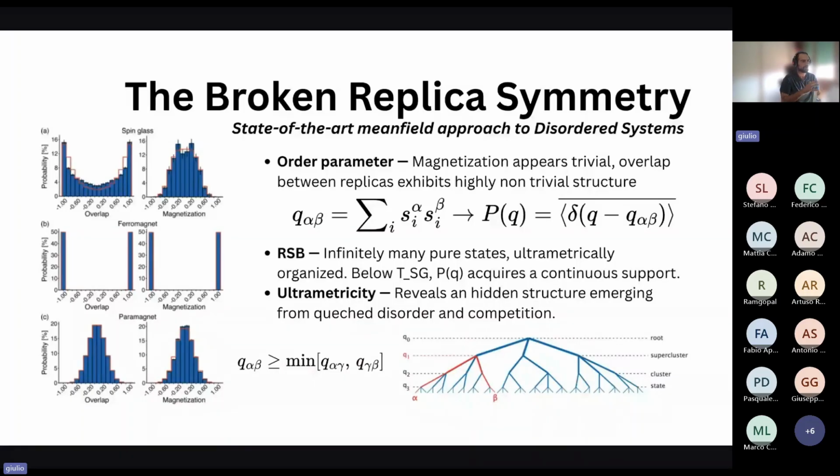But if you compute the overlap between different realizations and you then follow Parisi's recipes of computing the distribution of this overlap between replicas of the system, you observe a non-trivial structure, and this order parameter becomes an infinite number of order parameters, due to the infinite number of minima in the landscape, where there is an emerging ultrametricity property between the overlaps of replicas, telling you that some structured order is coming out of your frustrated quenched disorder.